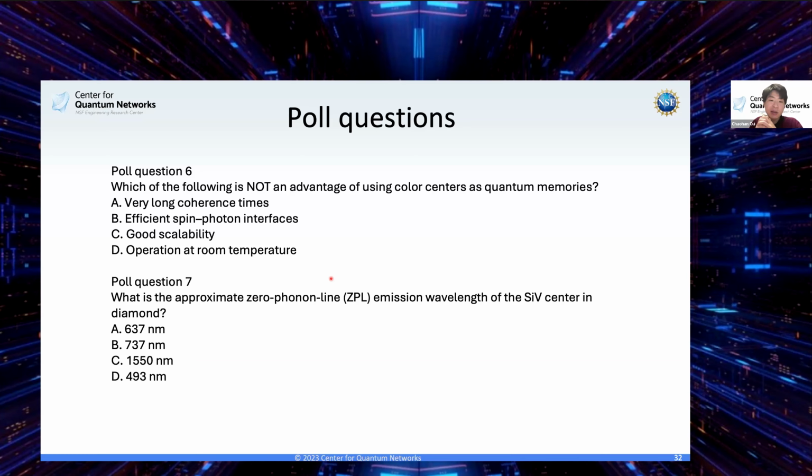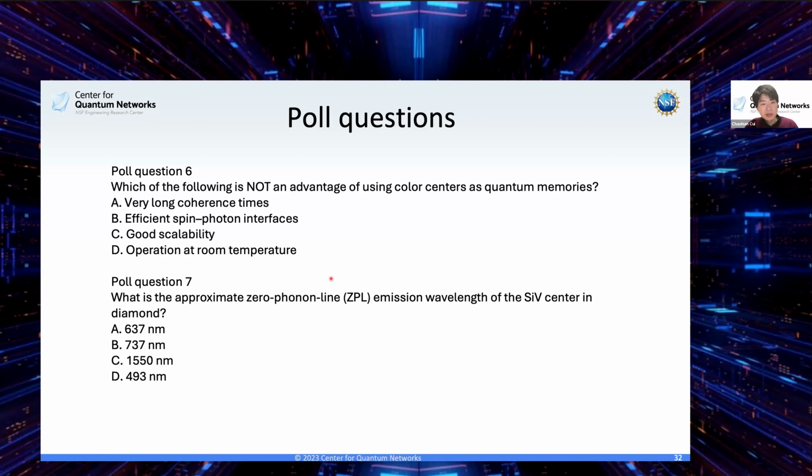The operation at room temperature is usually not possible, both for NV and silicon vacancies, because that will severely affect your coherence time. The NV electron spin has good coherence time at room temperature. However, at room temperature it has other broadening, which you will understand better if you dive into it.